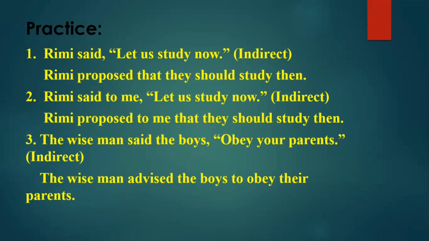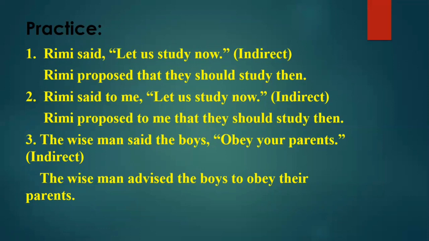But in case of the previous two questions, we have told you earlier that there is another rule. That's why the answer of the first two questions is different from number 3. So I think you have understood.